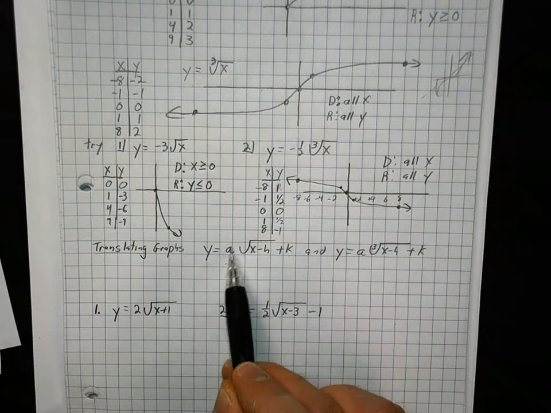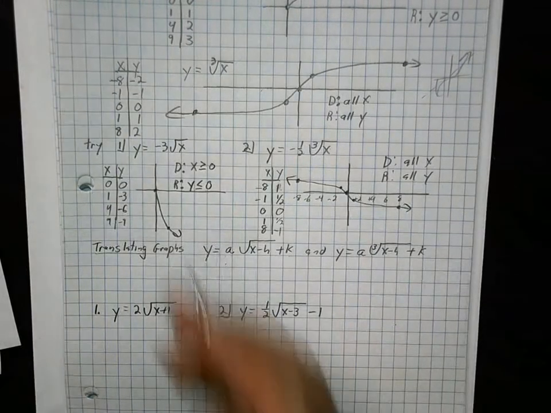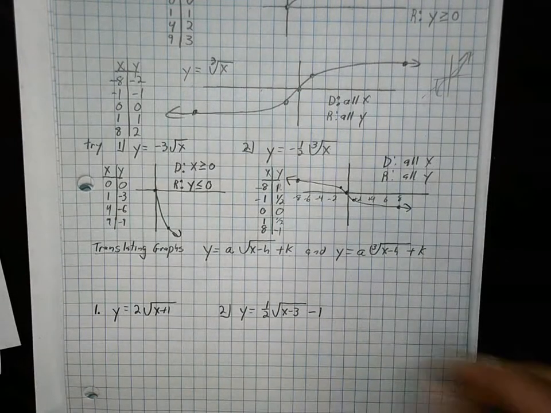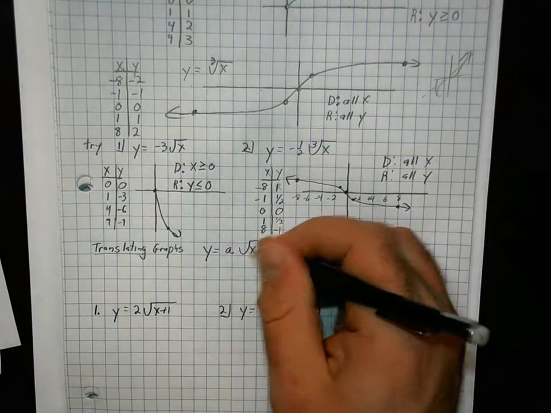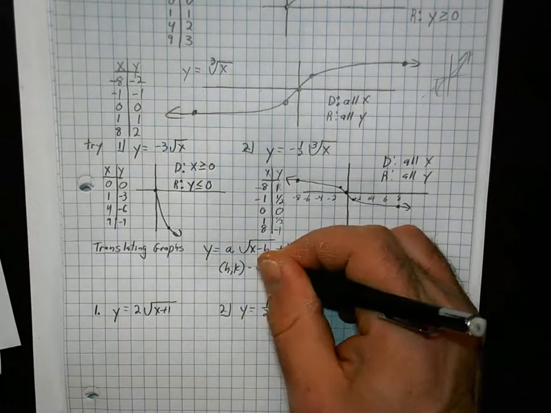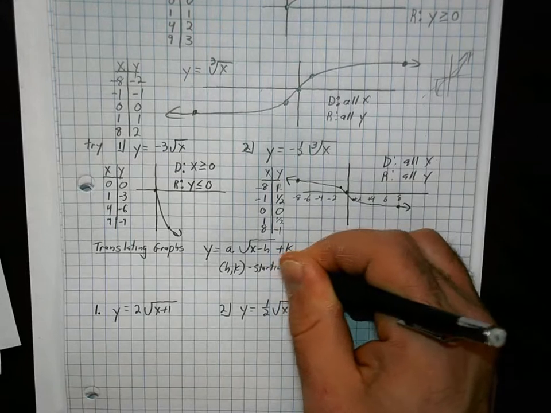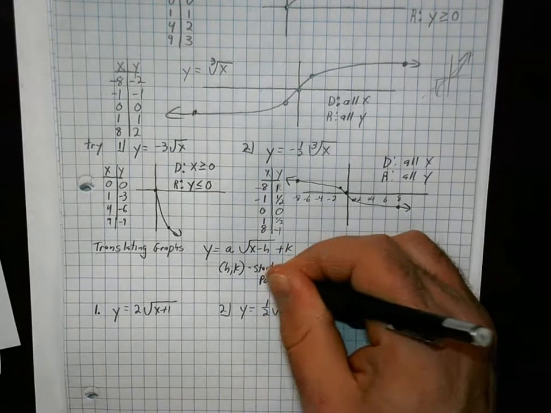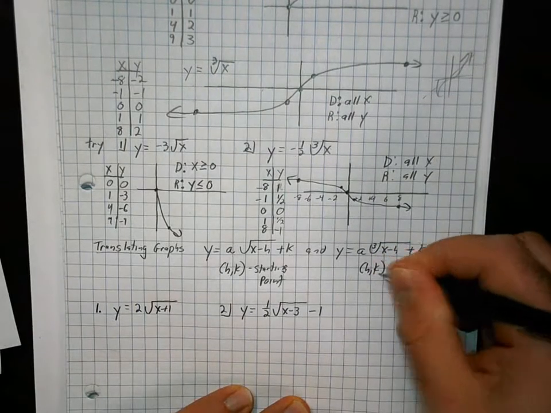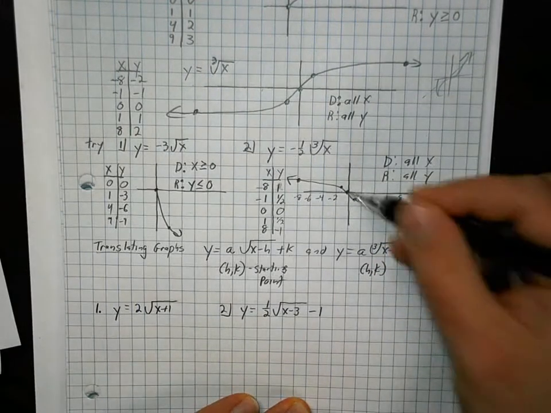The a is my stretch factor. So we can graph these pretty easily. In this case, for the square root, the coordinate of the hk is the starting point. The hk for the cube root is the middle point.